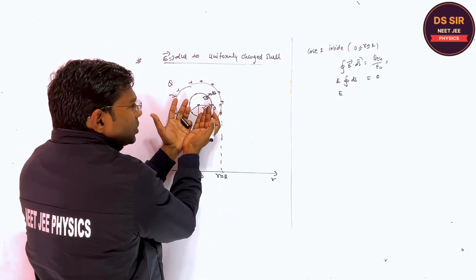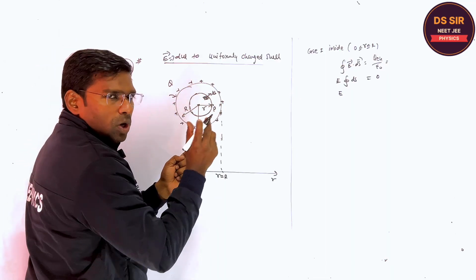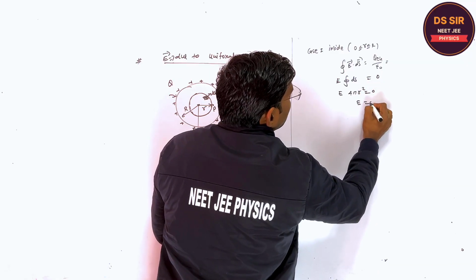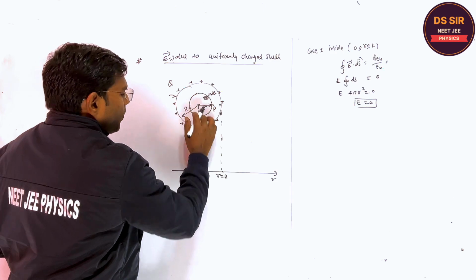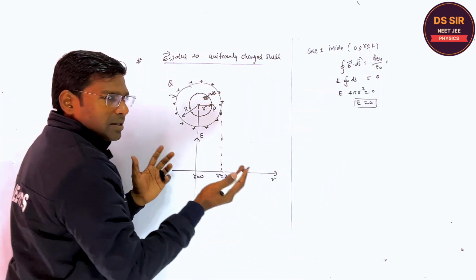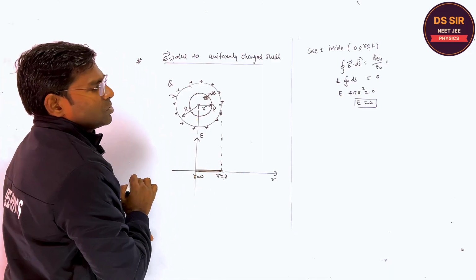So what is the integration of this dS vector? The surface of this small spherical shell is 4 pi r square, which is not 0, so the electric field is 0. What does it mean? It means from r equal to 0 to capital R, inside, the electric field is 0.